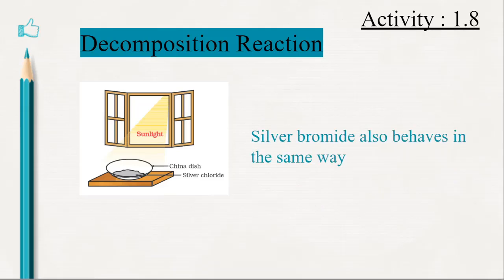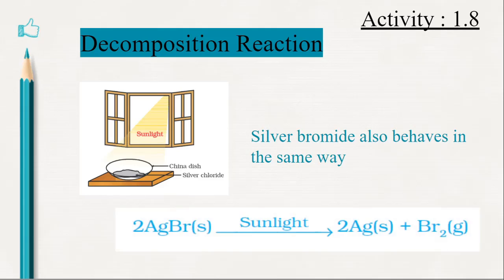Next, silver bromide also behaves in the same way. Let us understand. 2AgBr solid, if we give it sunlight, then we get 2Ag solid plus Br2 gas. It means if we take silver bromide in place of silver chloride in the china dish and keep it in the sunlight for some time, then we will get the same process.